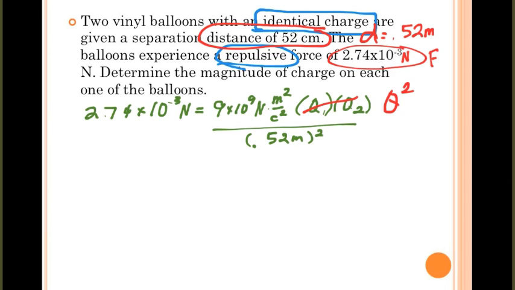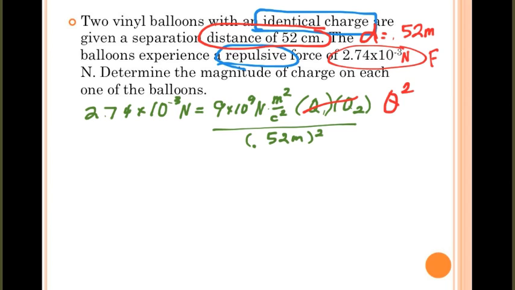Just like our distance squared on the bottom is D times D. It's not 2 times Q because that would mean we're adding the charges. So just make sure you can recognize this as Q times Q. Just like X times X equals X squared, Q times Q would be Q squared. That's going to simplify finding the answer for us just a little bit.